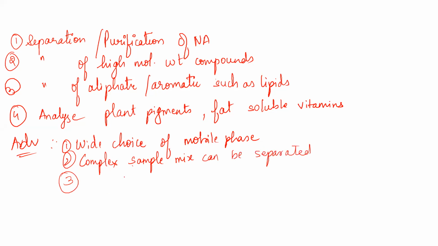The third one, the most important, is that it is simple and cost efficient, because in industry, at a larger scale, everything from the production to the purification to detection adds to the cost. So whatever material we are buying from the market, all of the costs are added to it.